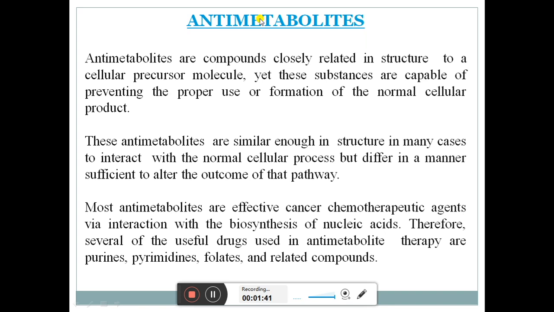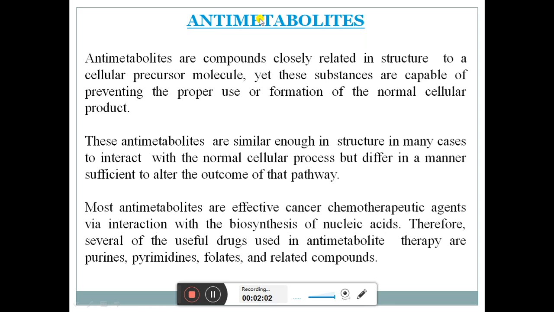In simple terms, this is the mechanism of action of these drugs. They form some faulty metabolic product during DNA and RNA synthesis, and that faulty product will be utilized for RNA and DNA synthesis, which results in faulty synthesis.